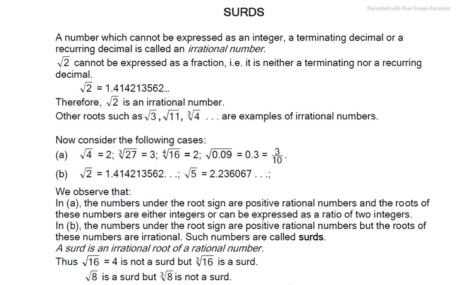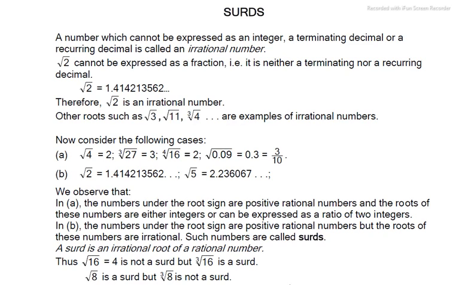In part A, we've seen that the numbers are positive rational numbers and their roots are either integers or can be expressed as a ratio of integers. For instance, if I have root 4, its root is 2, so it is an integer. It is either 2 or negative 2.